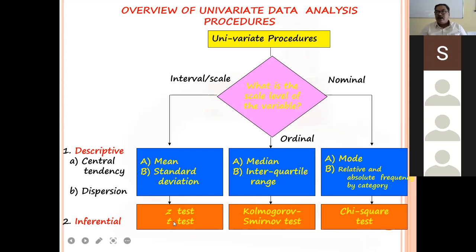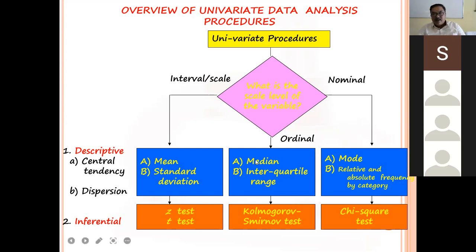Then only can you make this kind of argument. So in each research area, there is huge scope for using the t-test and making your arguments more reliable and validated. That's very, very important.